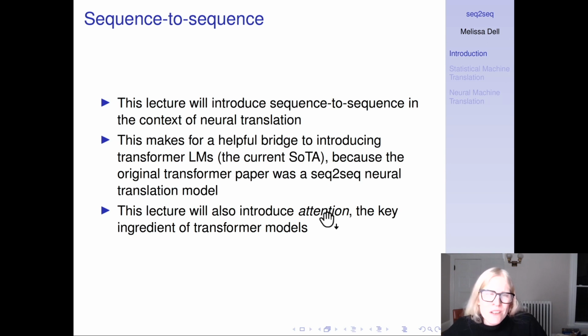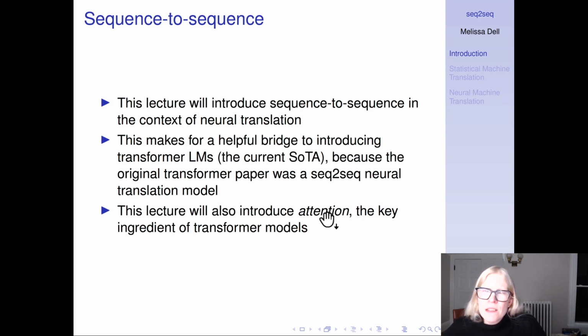This lecture is going to introduce sequence-to-sequence in the context of neural translation. I know that not a lot of people in this class necessarily care a lot about neural translation per se, but this is helpful.